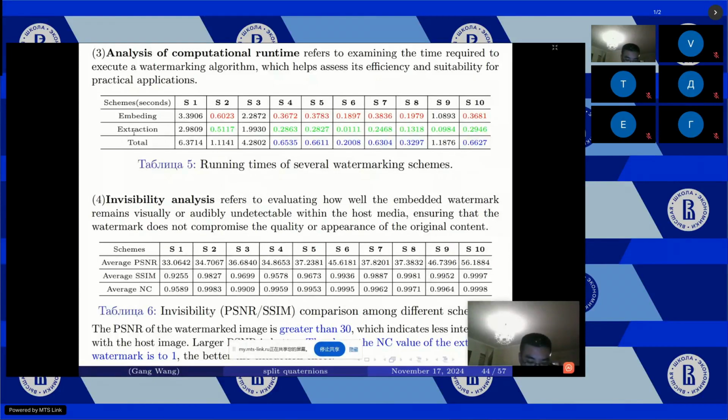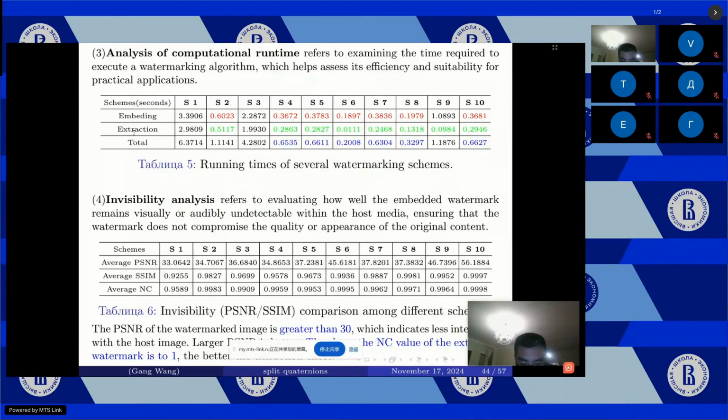Fourth, invisibility analysis refers to evaluating how well the embedded watermark remains visually or audibly undetectable within the host media, ensuring that the watermark does not compromise the quality or appearance of the original content.